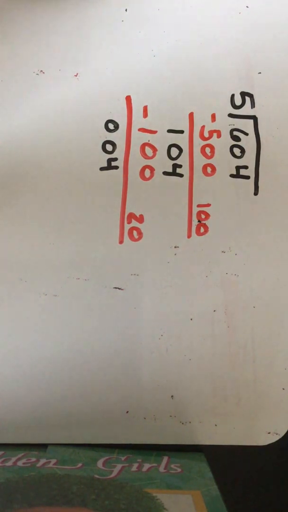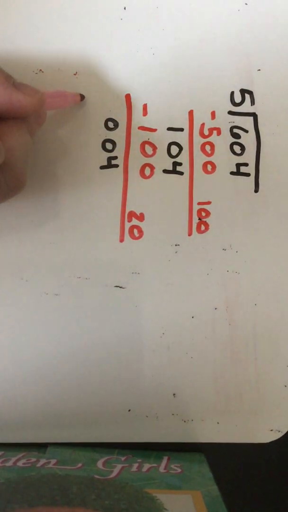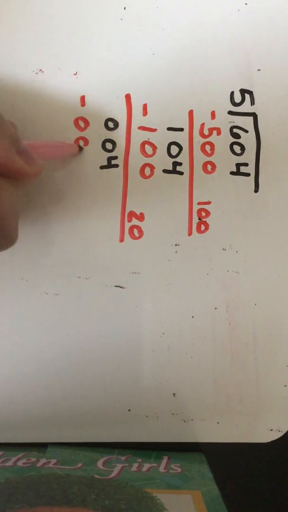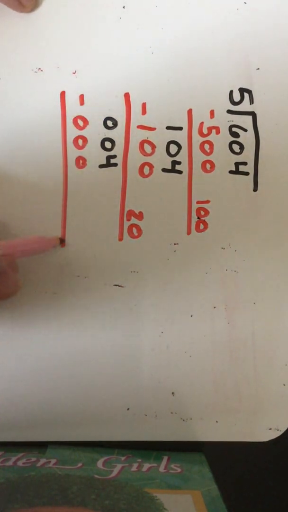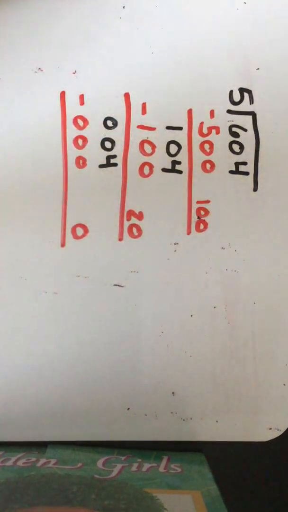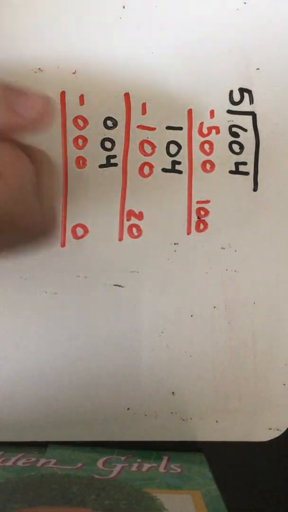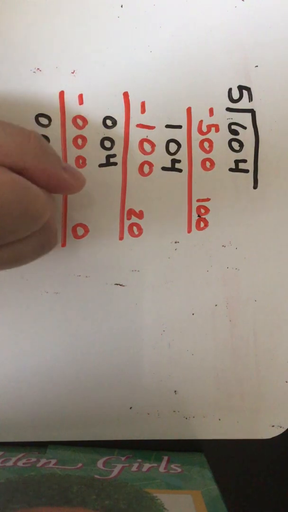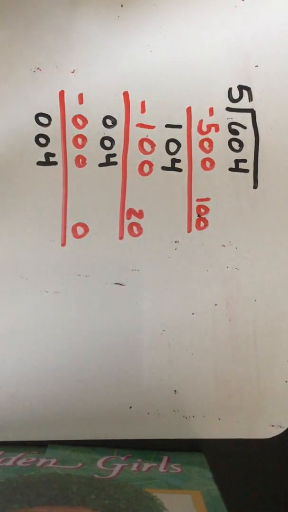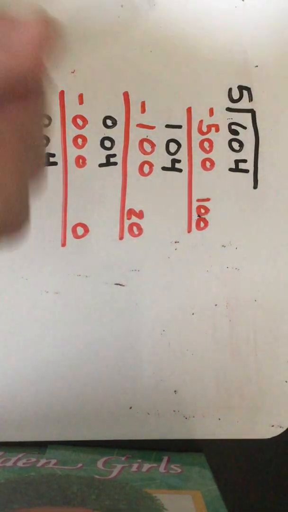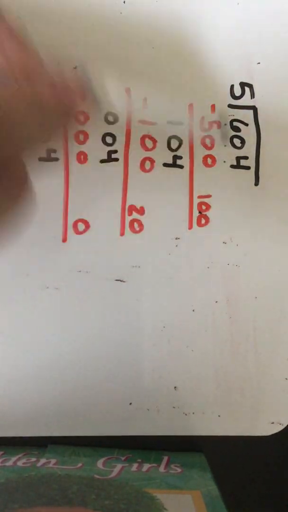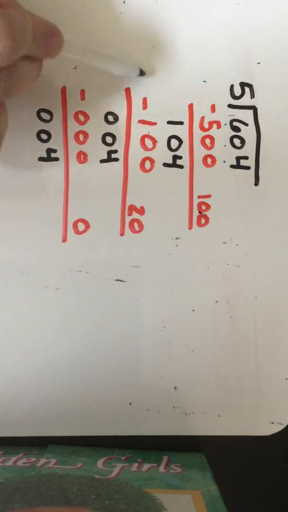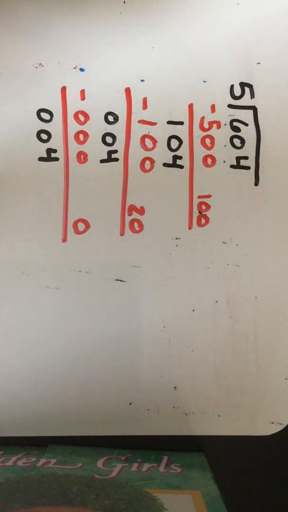Sometimes for the sake of just repetition, I'll have students say, nope, you're going to literally put minus 0, put a 0 here, and then realize here you've got 0, 0, 4. And the reason that sometimes I have students do that is because it helps just the repetition of understanding that if you have 3 digits, 1, 2, 3, you need to divide 1, 2, 3 times to understand.